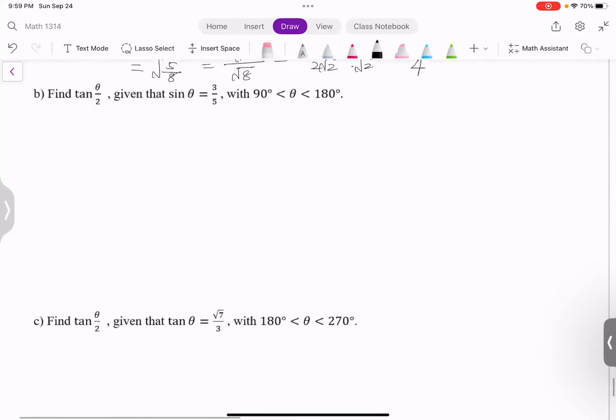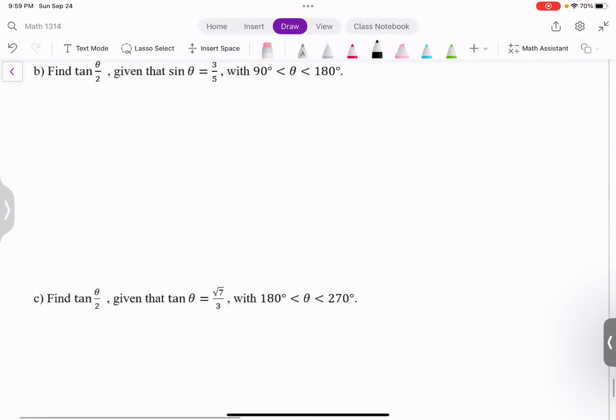All right, how about the next one? Find the tangent of theta over 2, given that sine theta equals 3 over 5, and theta is between 90 degrees and 180 degrees. How to find the tangent? So half angle tangent. We have learned tangent theta over 2.